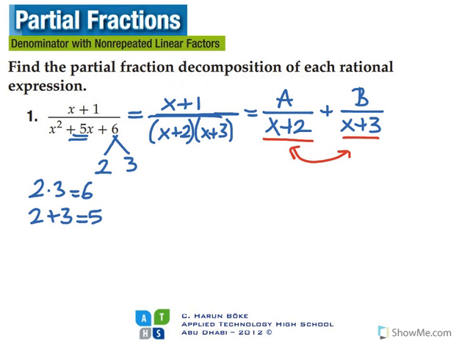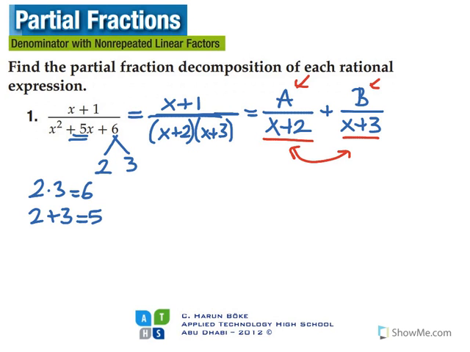If you do everything correctly, the first number goes with the denominator x plus 2 and the second with x plus 3, whatever the name is, a or b.